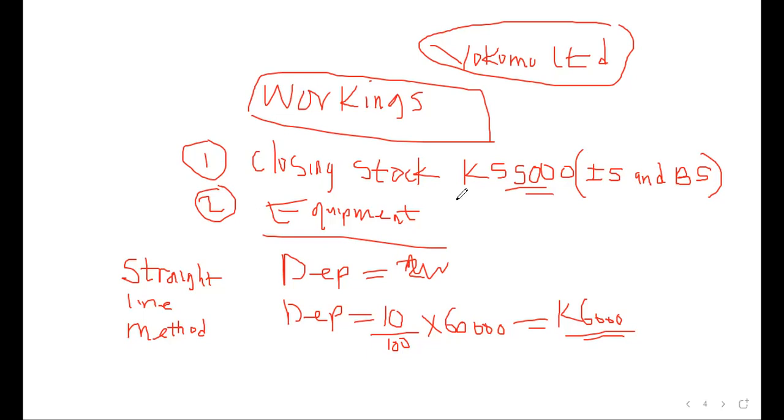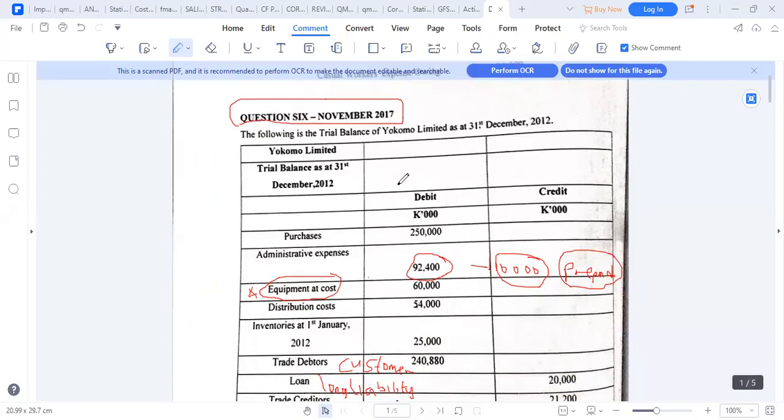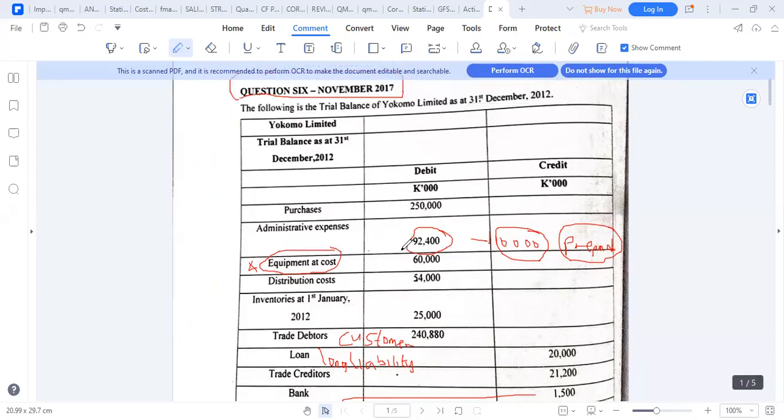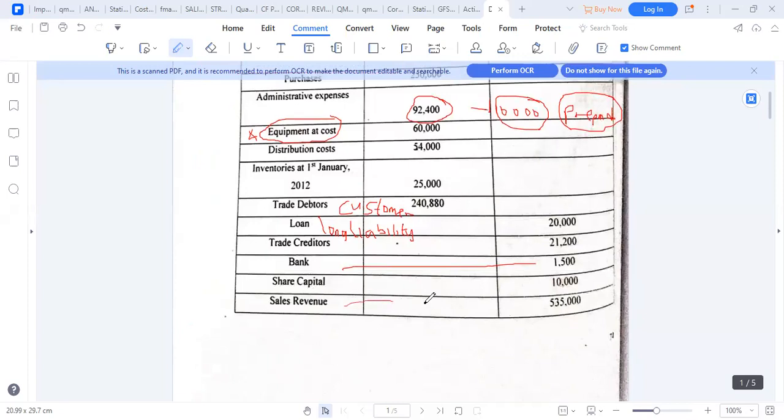So after this, the question: the trial balance for Yokomo Limited, as at 1st December 2012, we have these ones. Purchases, debit balance; expenses, admin, debit. All expenses and assets have the debit balance. Sales revenue, we have 535,000.